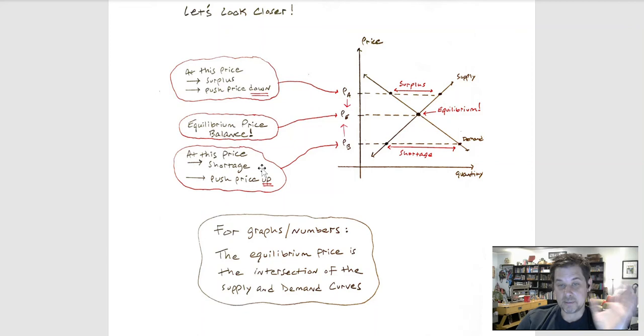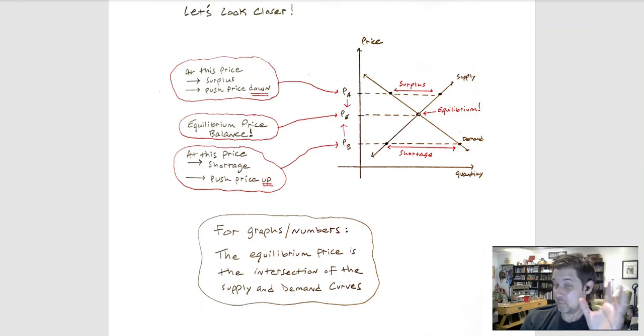But nonetheless, there will be a shortage and it will push the price up. So whether a price on the market produced a shortage or a surplus, it wants to push them into the middle, which is the equilibrium.